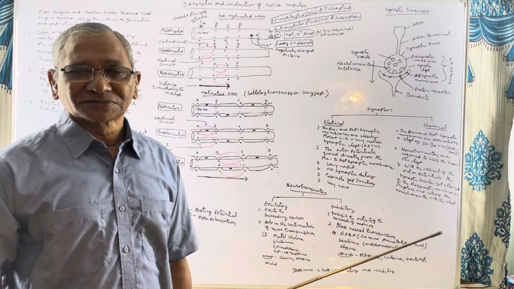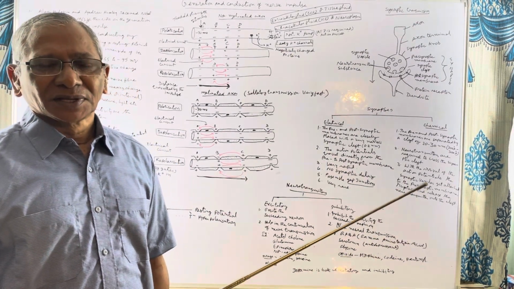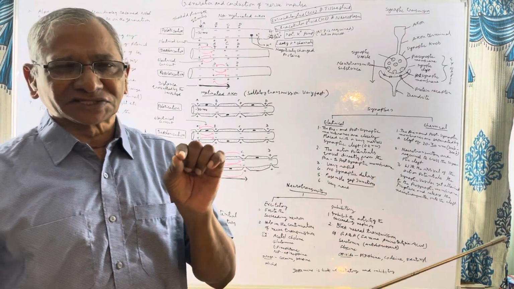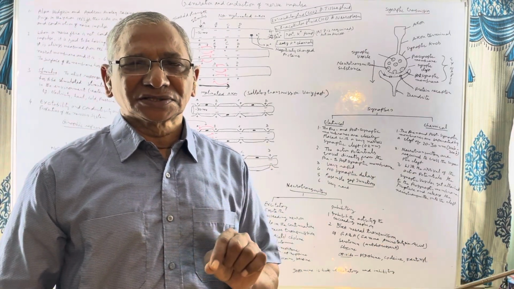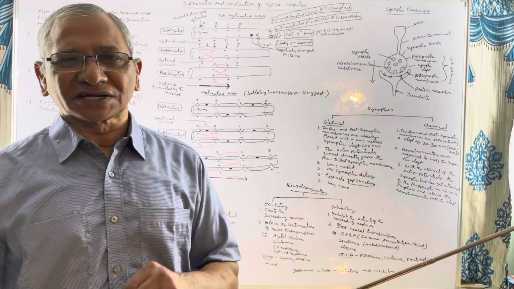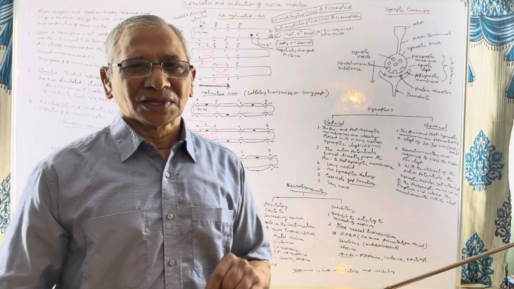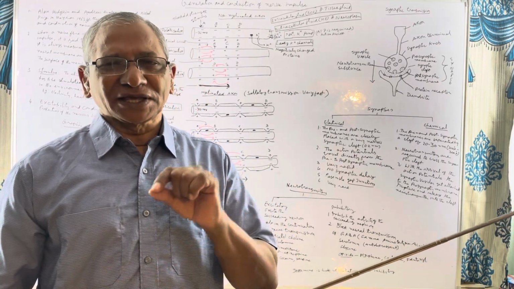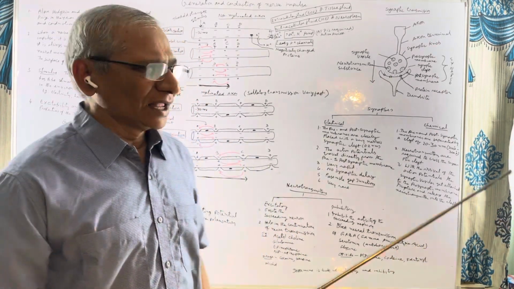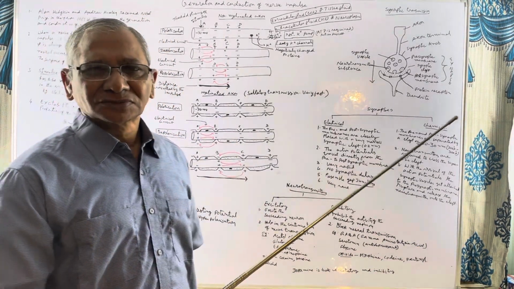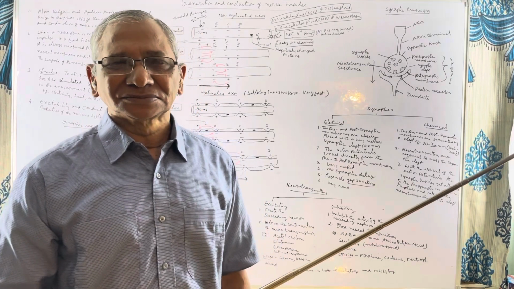Then what happens? If the strength of the stimulus is below the threshold level, no response occurs. If the strength of the stimulus is above the threshold level, a nerve fiber responds completely, not partially.